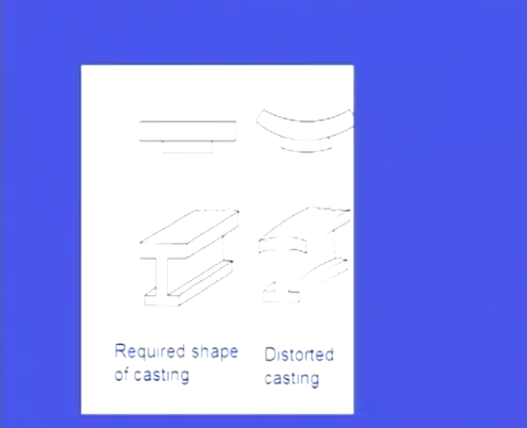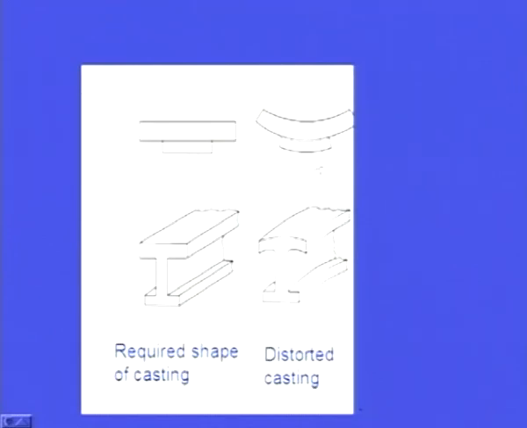So, here we can see the example of a distorted casting. This is the required casting, this I section, and because of distortion finally the casting is appearing like this. This is the actual requirement, but after solidification the casting is looking like this.